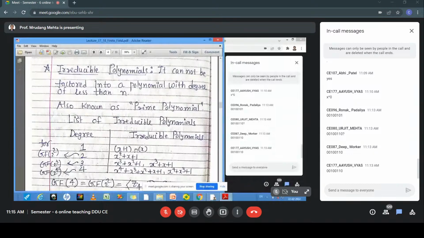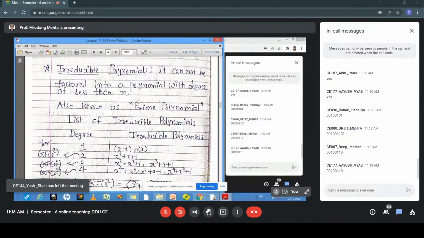Now there is a concept called irreducible polynomials. Like when you do modulus, there are some remainders which are remaining. So in polynomials, there is a concept of irreducible polynomial. It cannot be factored.